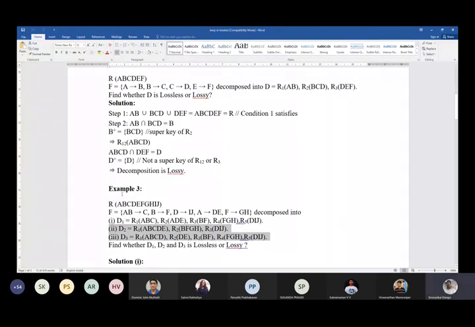You have your relation R with attributes A, B, C, D, E, F, G, H, I, J. In subdivision 2, it is decomposed into 3 fragments: R1 with attributes A, B, C, D, E, R2 with attributes B, F, G, H, and R3 with attributes D, I, J. Try to solve it and update me whether the decomposition is lossy or lossless.